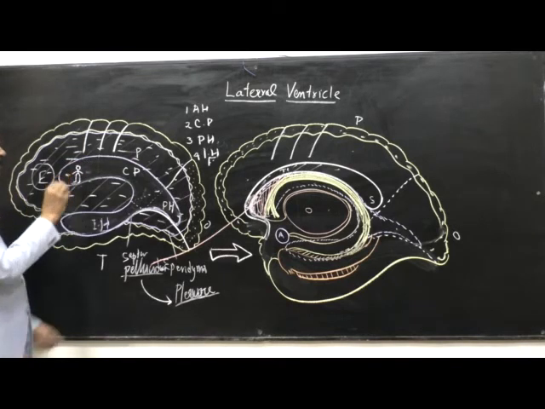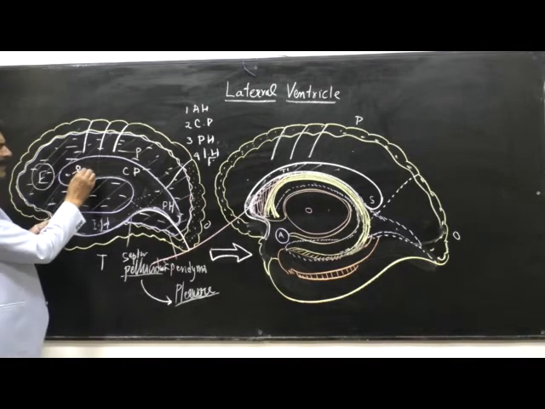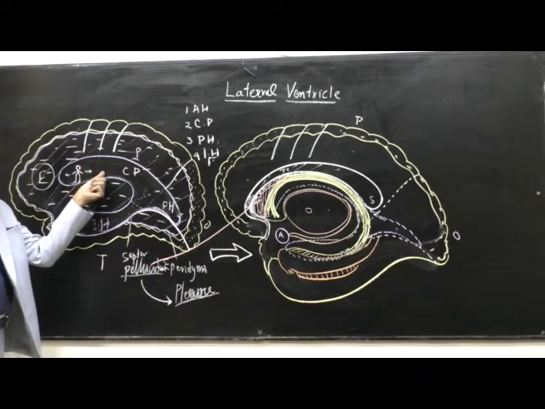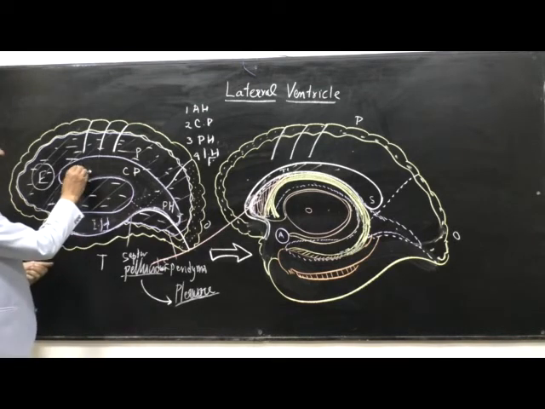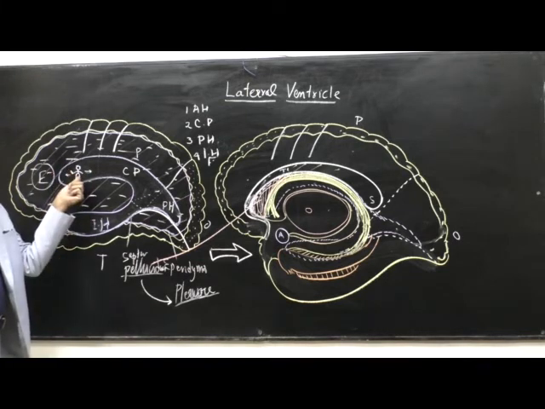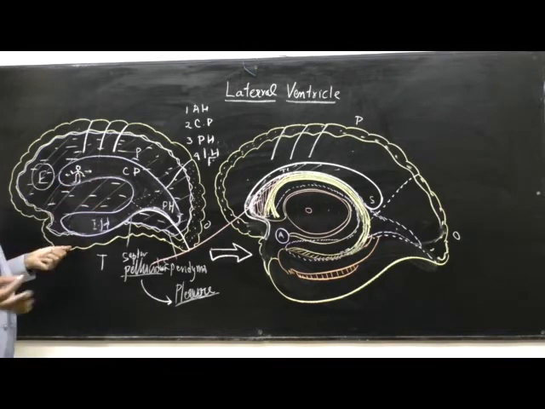Your front portion is the anterior extent, and your back side is telling the posterior extension of the lateral ventricle. If you put out your right hand, it goes to the lateral wall, and your left hand is touching the medial wall of the lateral ventricle.